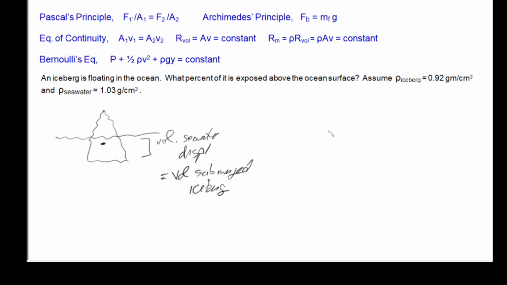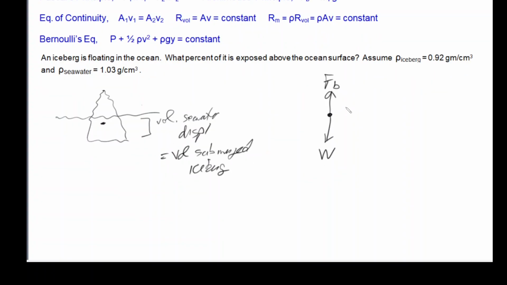And let's also draw a free body diagram. So if this is our center of mass, we have the weight of the iceberg, and we have our buoyant force. And it's in equilibrium, so these balance.